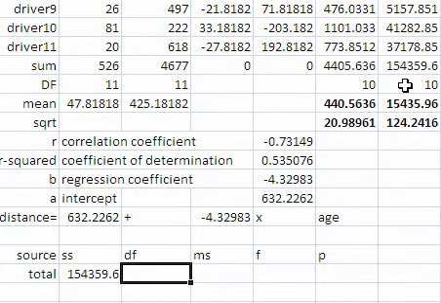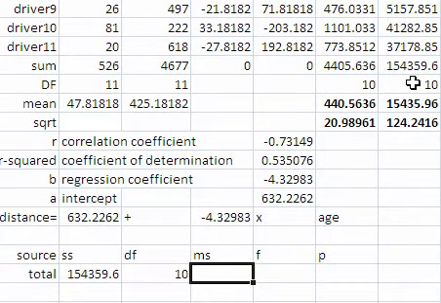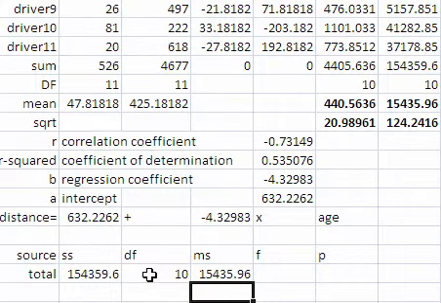The degrees of freedom is 10. The mean sum of squares is simply equal to the sum of squares divided by the degrees of freedom. We did that computation once before, but we do it again.